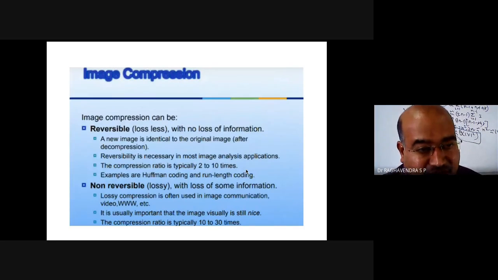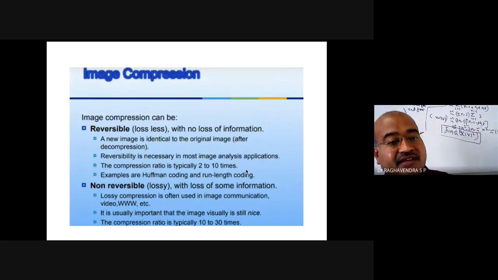Image compression: we have two types, as I already explained. One is lossless and the second is lossy. Lossless is also called reversible. Reversible means the original image we compressed, we can get back the same original image.